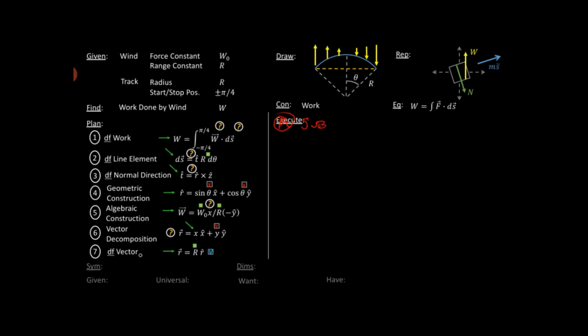What do we want? We want to substitute. What should we substitute? Well, let's try to get 7 in a similar form to 6. So 6 is r equals x x hat plus y y hat. It would be nice to have another expression where r is something times x hat plus something times y hat.